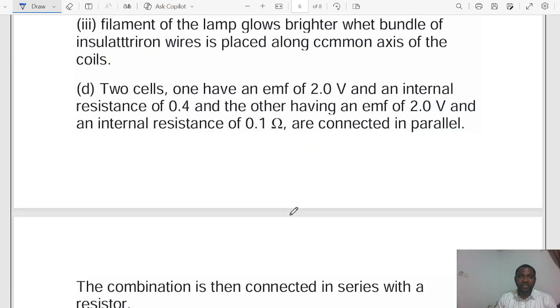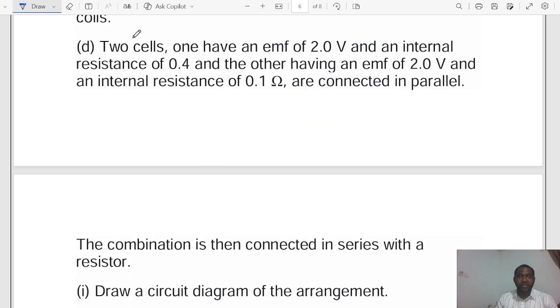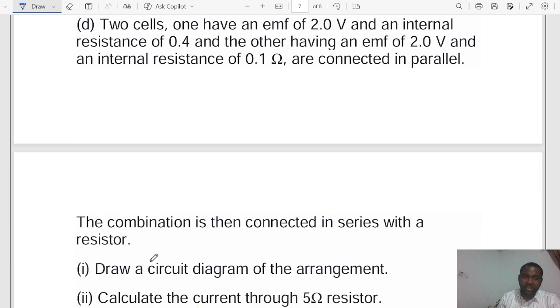So that leads us to the next one, the D part. It says two cells, one having an EMF of 2.0 volts and internal resistance of 0.4 ohms, and the other having an EMF of 2.0 volts and internal resistance of 0.1 ohms, are connected in parallel. This combination is now connected in series with a resistor.